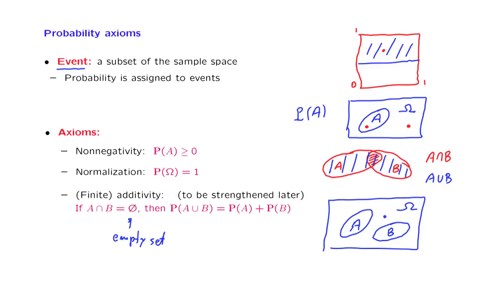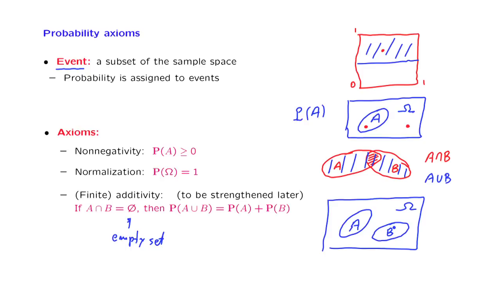In some sense, we can think of probability as being 1 pound of some substance which is spread over our sample space, and the probability of A is how much of that substance is sitting on top of a set A. So what this axiom is saying is that the total amount of that substance sitting on top of A and B is how much is sitting on top of A plus how much is sitting on top of B. And that is the case whenever the sets A and B are disjoint from each other.